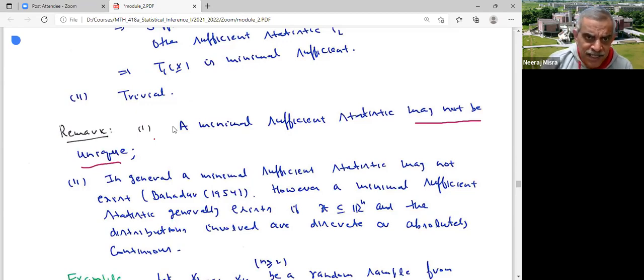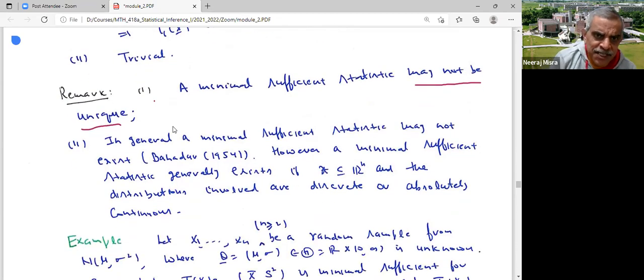Now, there is a general result due to Bahadur, a famous Indian mathematician. He provided a very nice example where he shows that in general, a minimal sufficient statistic may not exist. Now, constructing that example is highly non-trivial, and I don't think that would be within the scope of this course.